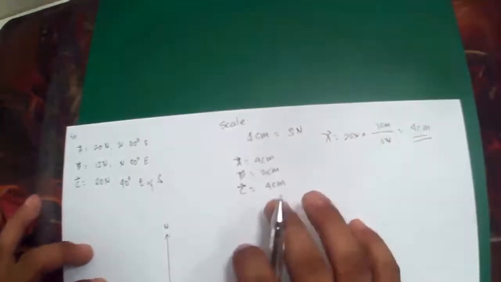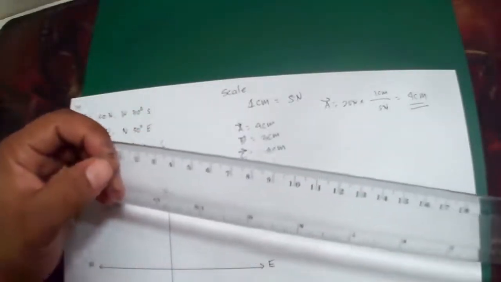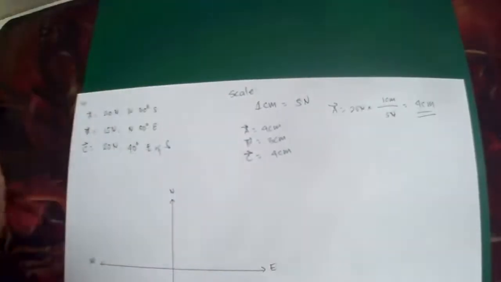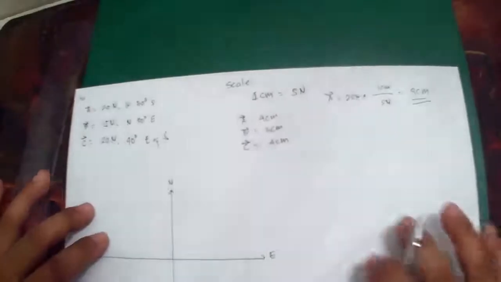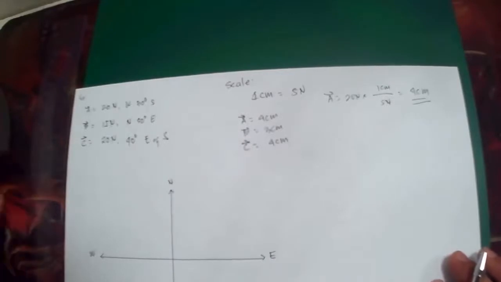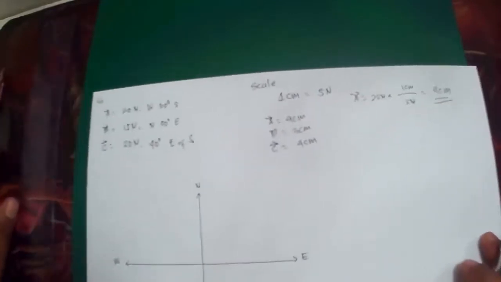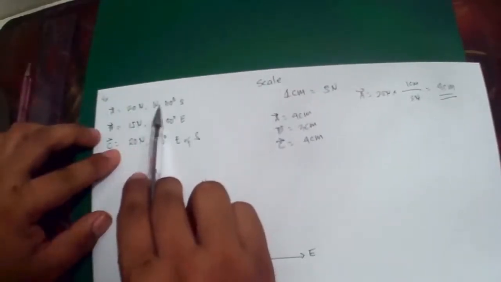We can now plot these vectors using the ruler here, or your ruler. It's because we have already here a centimeter unit that can also measure the length of these vectors. So let's go plotting this one. Let's go for vector A. For vector A, we have here 20 newtons west, 30 degrees south.